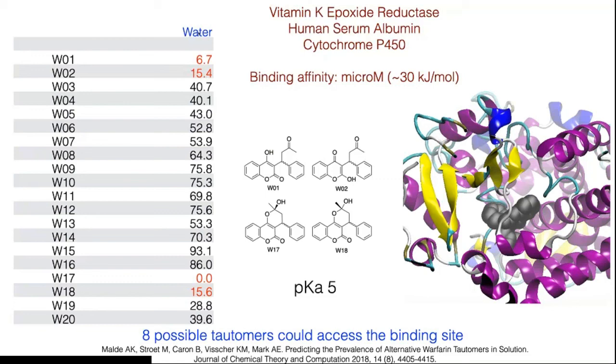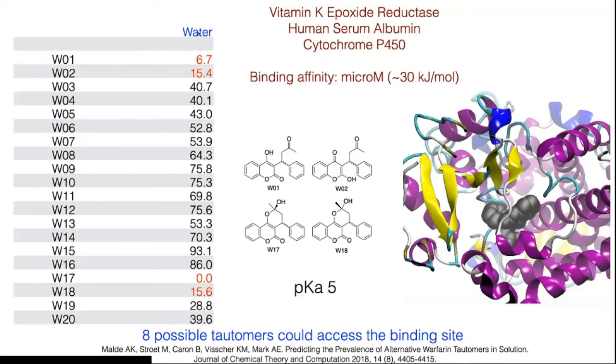Now the interesting thing is, historically, most of the drug design efforts for warfarin, the anticoagulant, have been focused on the first and the second tautomers, which are open chain tautomers. Not much attention has been paid to the cyclic tautomers, 17 and 18.